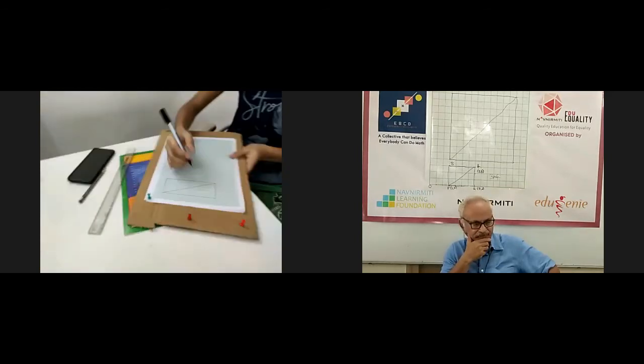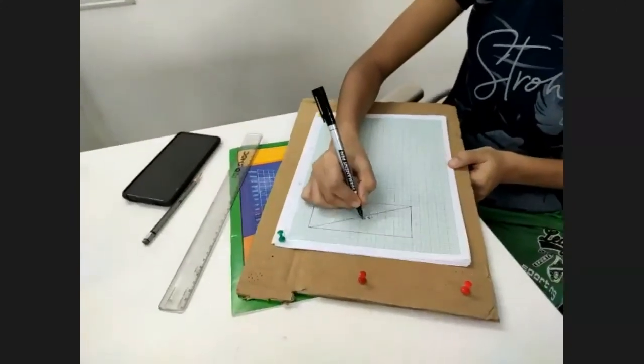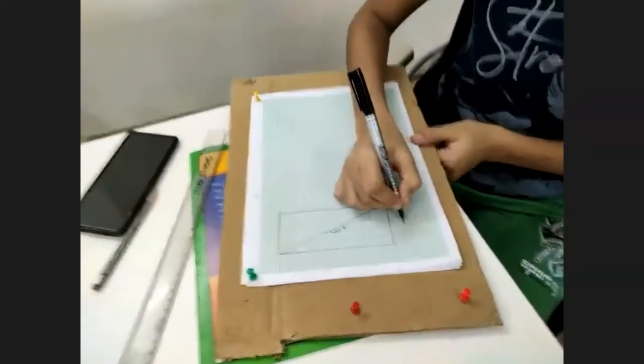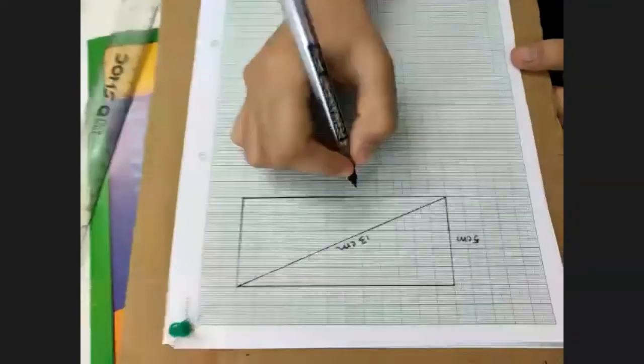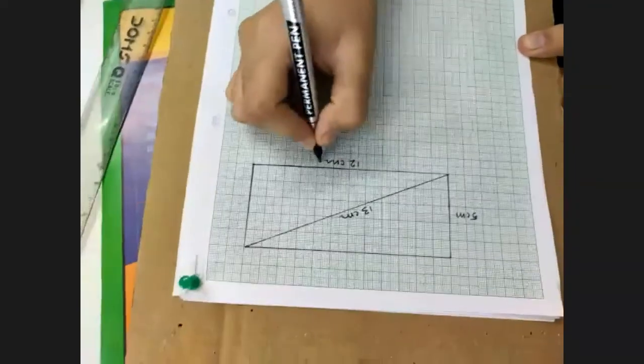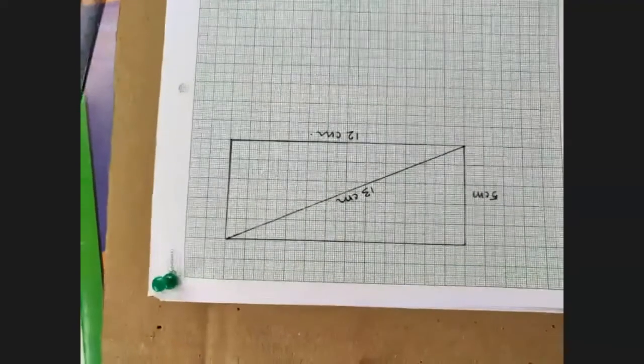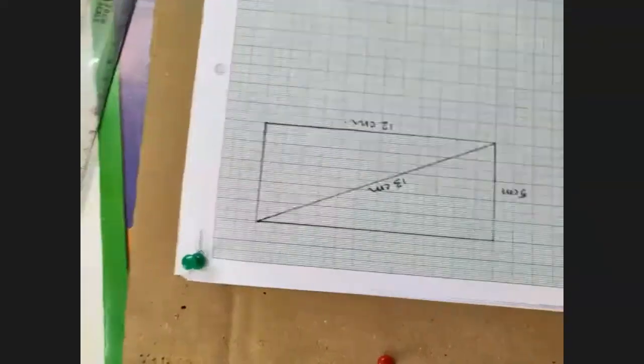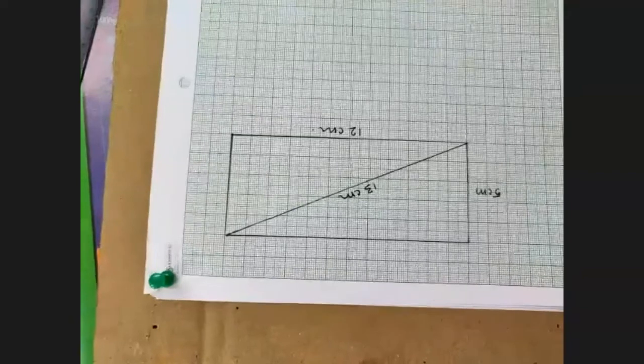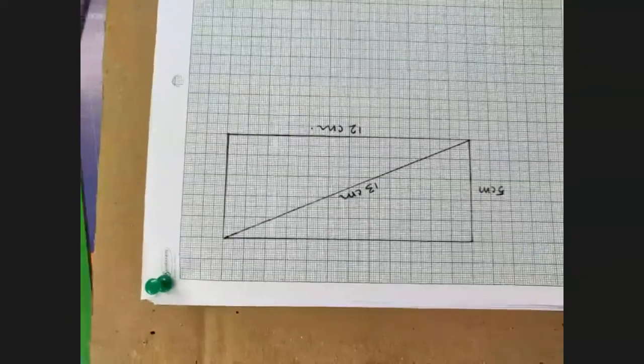Yes, sir, 13 centimeters. Right. 12 centimeters, 5 centimeters, and the diagonal is 13 centimeters.